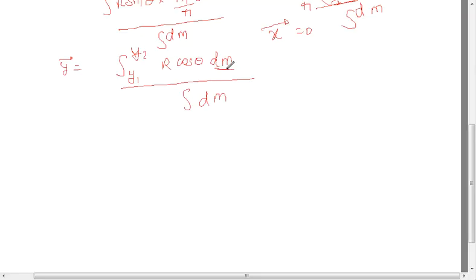Here I have to replace dm as a function of d theta.